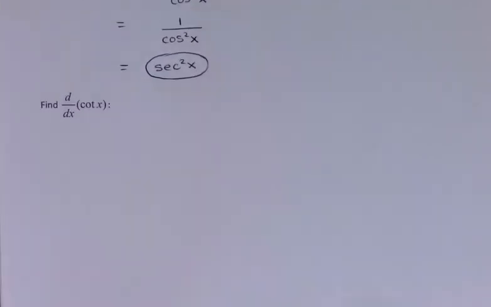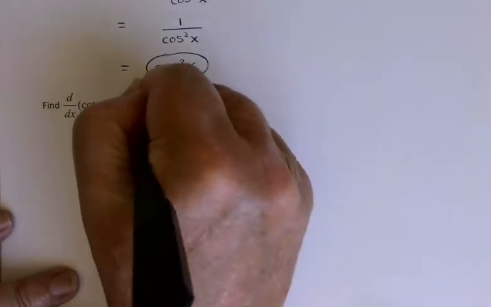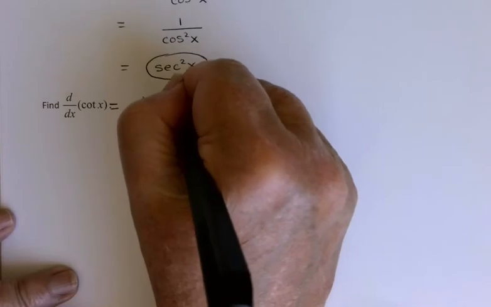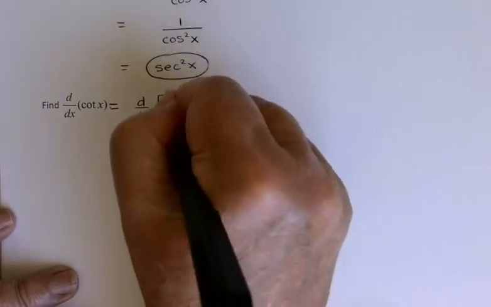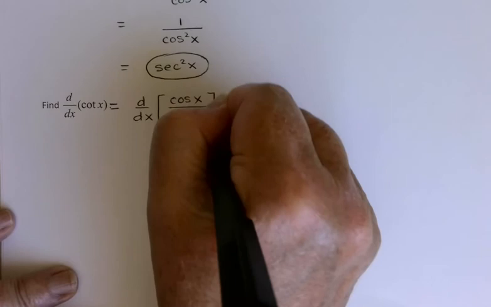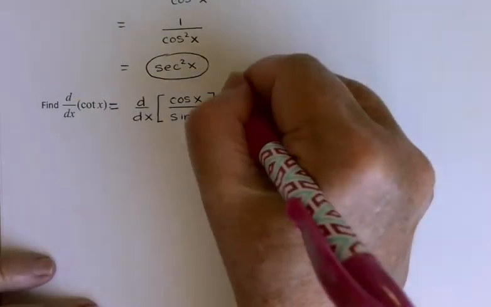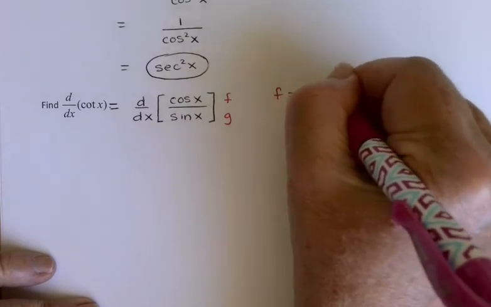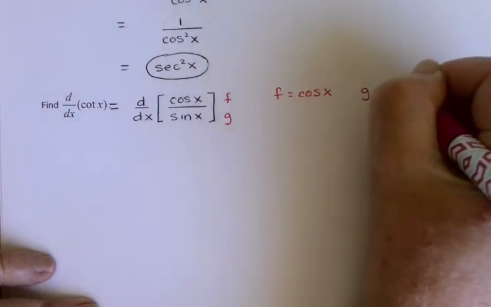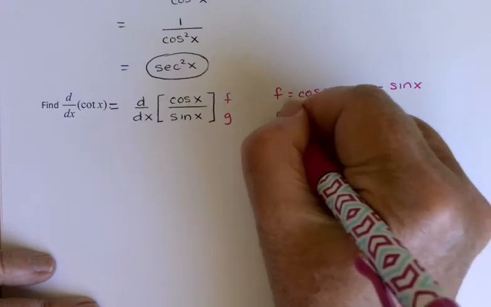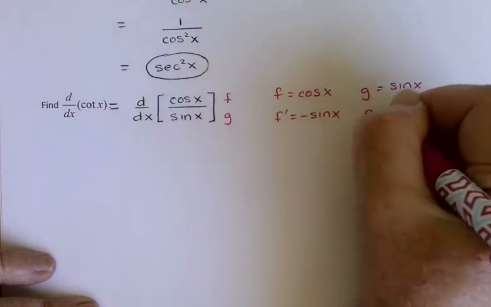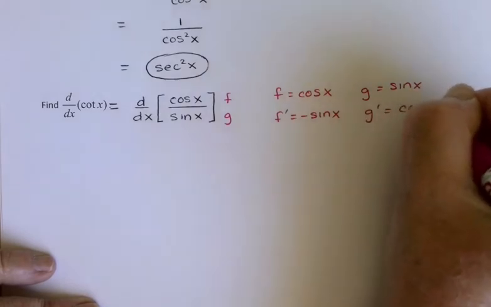We could do essentially the same thing for the cotangent. For cotangent, we would have cosine x over sine x, so it's just the reciprocal. So the f and the g here are really just reversed. And f prime this time is the opposite of sine x, with g prime being cosine x.